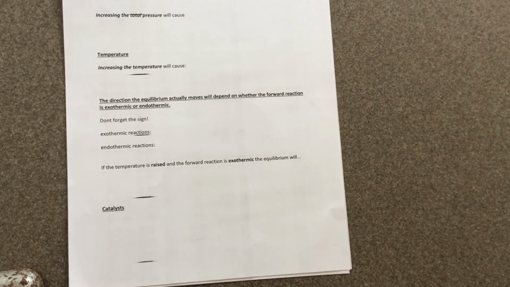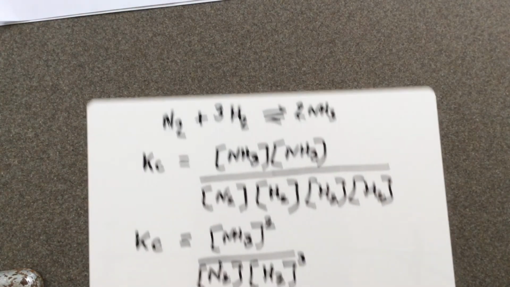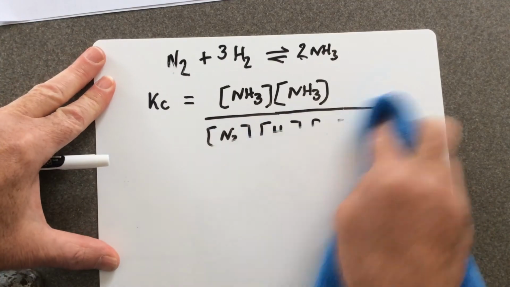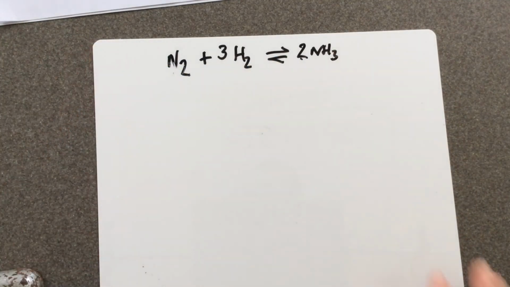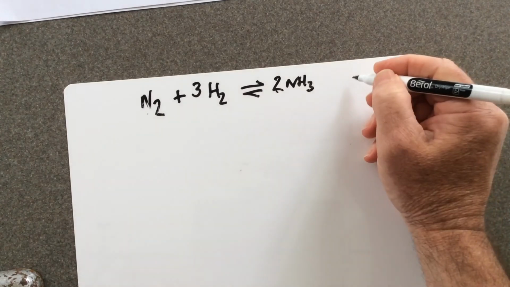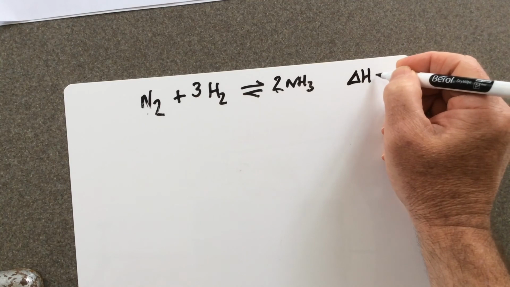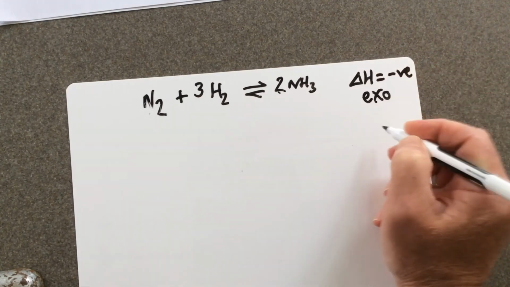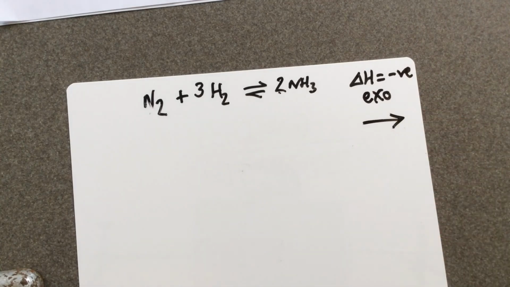Okay, if the temperature is raised and the forward reaction is exothermic, let's go back to our lovely ammonia equilibrium. What's going to happen? Well, what do we mean when we say this reaction is exothermic? Let's say delta H equals negative. That means the forward reaction.